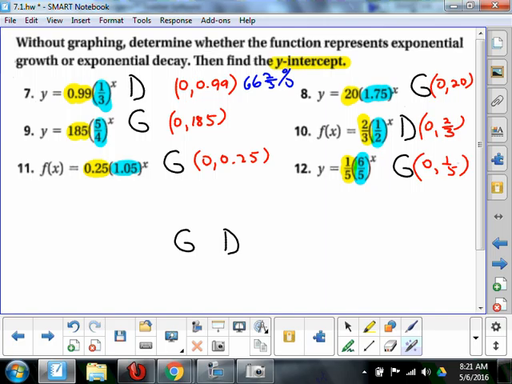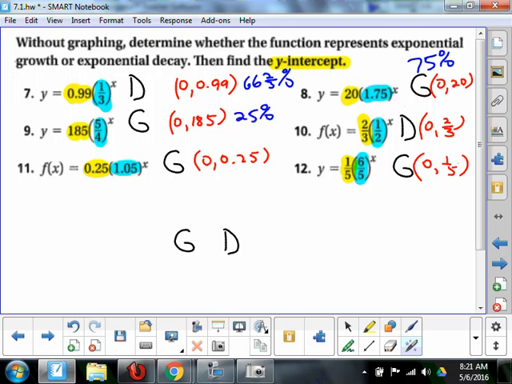We're taking the b, which is 1.75, and 1.75 minus 1 would be 0.75. So we'd be changing 0.75 into a percent. So on number 8, the growth rate would be 75%. Number 9, the growth rate would actually be 25%.